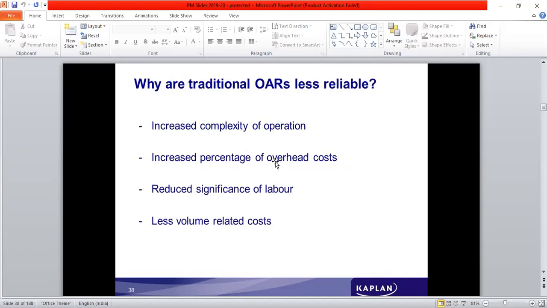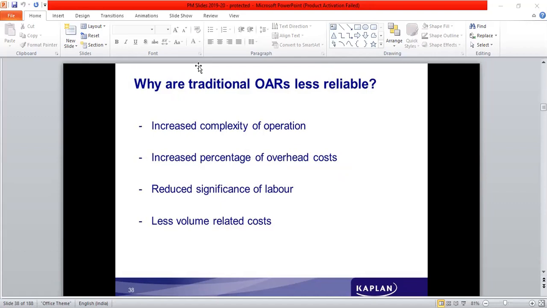See, why are traditional overhead absorption rates less reliable? So if we look into that, of late now the activities are not very simple. They are complex operations. They are complex activities. So there is increased complexity of operations.